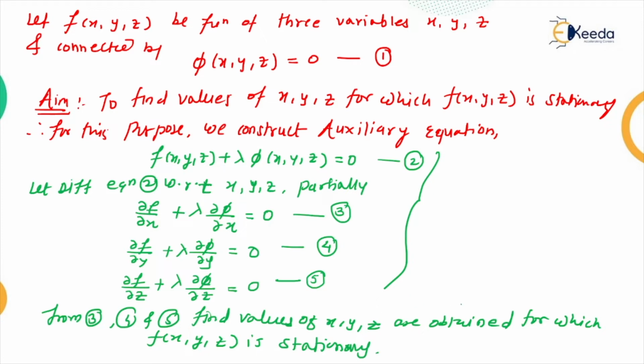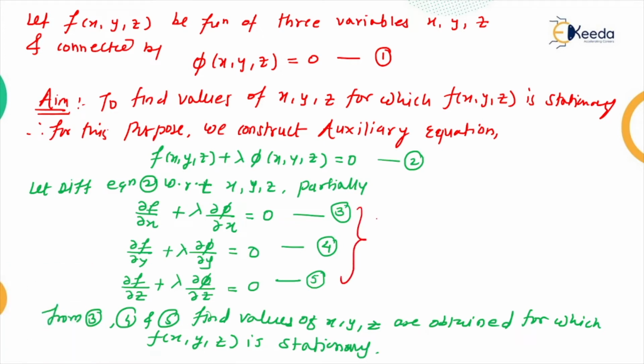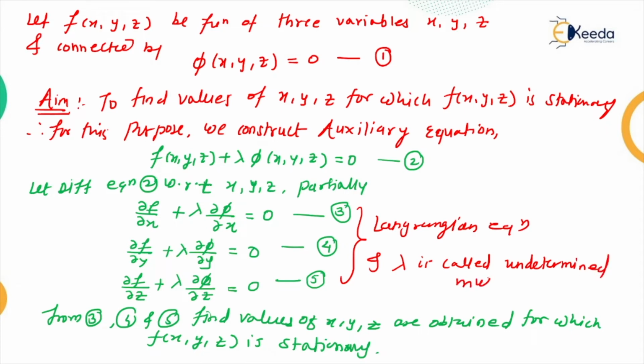Equations 3, 4 and 5 are called the Lagrangian equations, and lambda is called the undetermined multiplier.